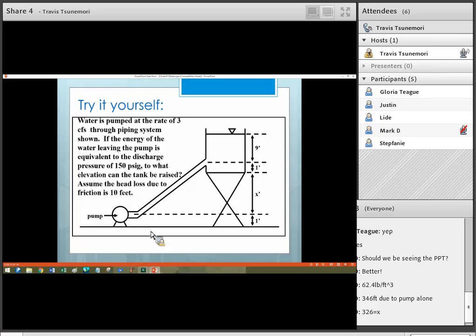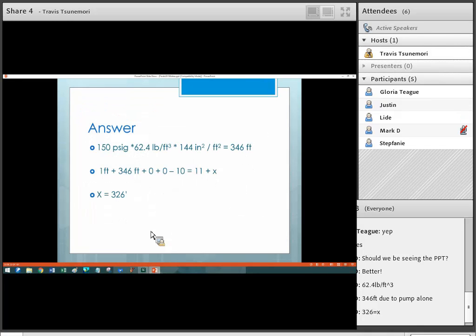And then the rest is just adding up the elevation. Anybody not getting 326 that wants to admit it? And any questions on how we got that? Okay, well, seeing none, there's the answer.